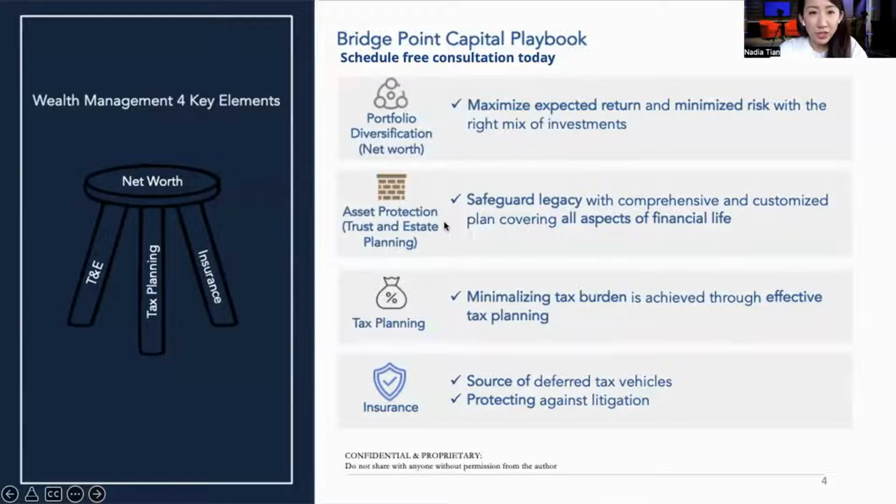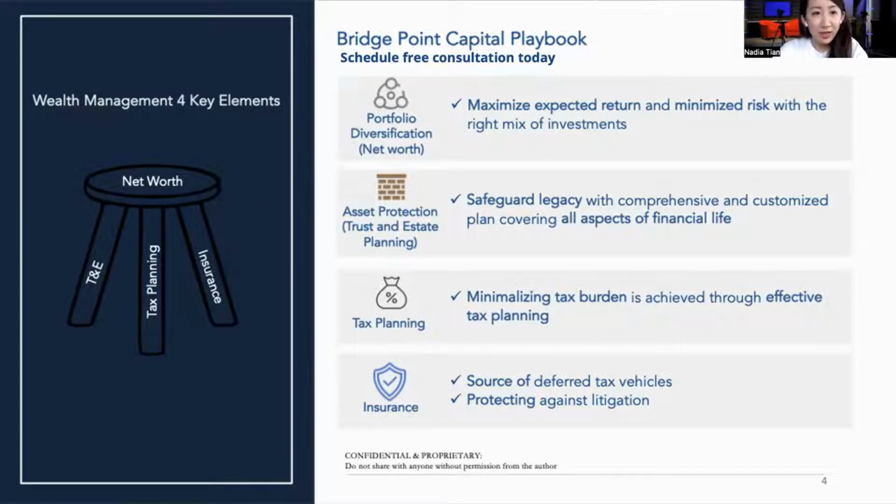And another reminder is there are a couple of different components when it comes to wealth creation. First of all is, of course, your liquid and illiquid assets, how to construct a very profitable investment portfolio. Second of all, it's your tax planning, because it's not about how much you make, it's always about how much you keep.